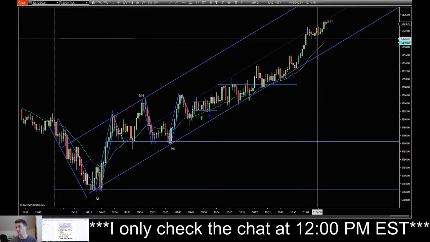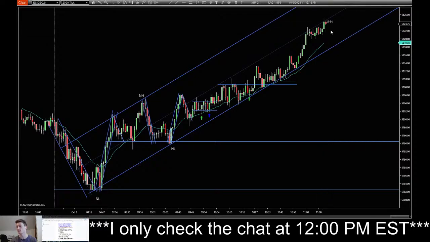So again, if I had kept trailing this one, then I could have gotten a little bit more out of it. Possibly a lot more out of it. We'll have to see where prices go. So potential that I should have held this longer.